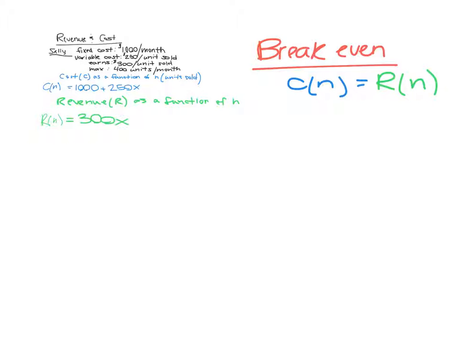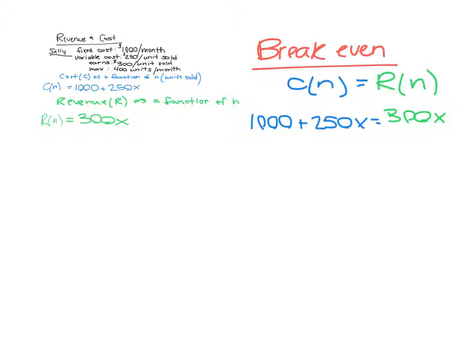So I'm going to write in our 1,000 plus 250x is equal to our 300x. So I just subbed in my cost equation and my revenue equation for C of n and R of n.